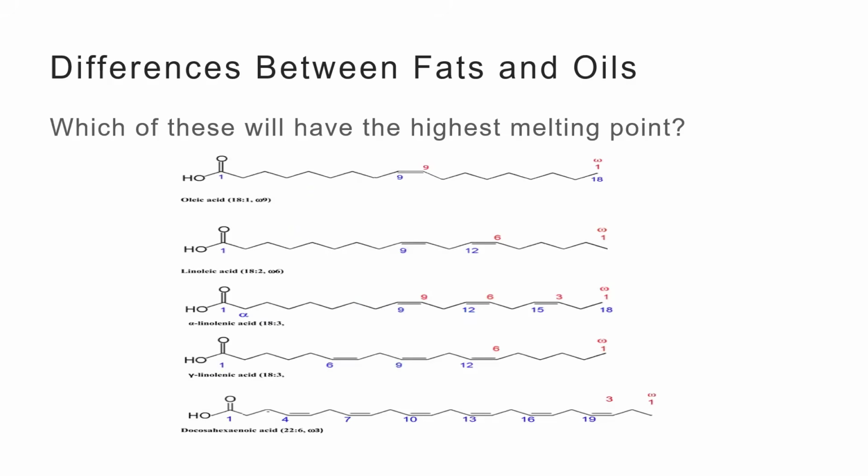Now, differences between fats and oils. Which of these will have the highest melting point? I want somebody to unmute himself, tell me which, and give me his or her reason.